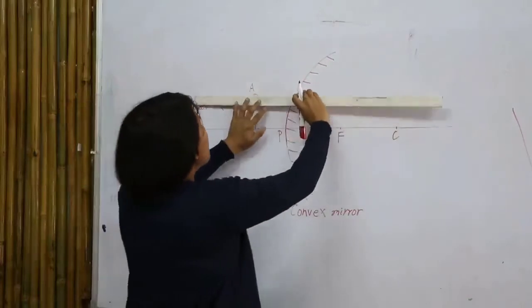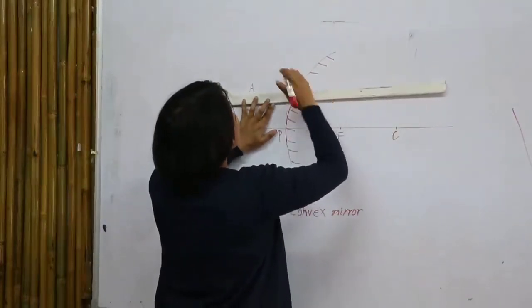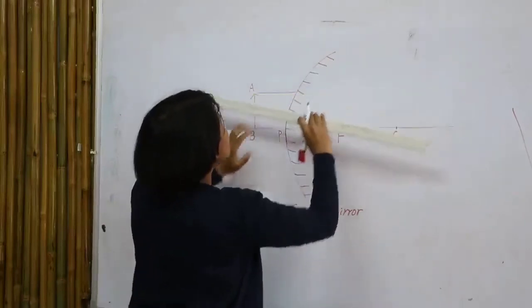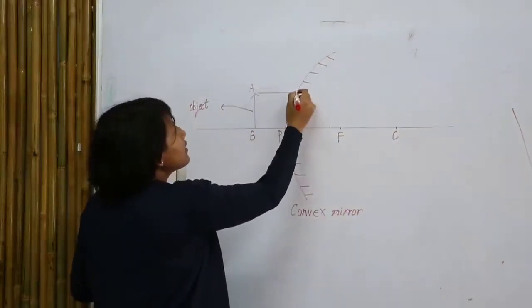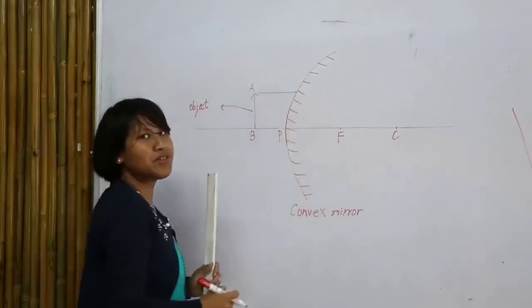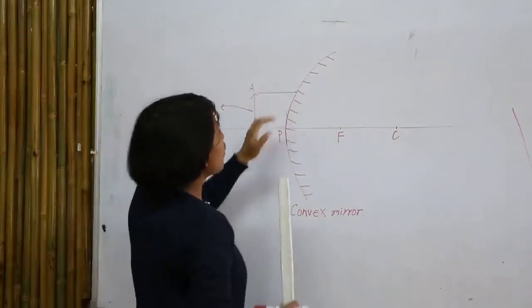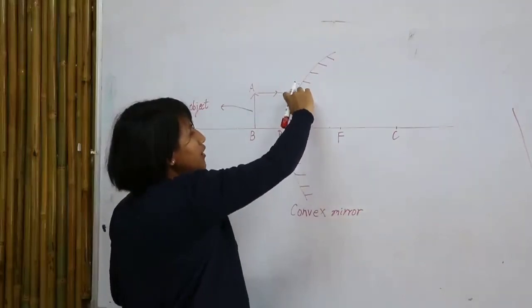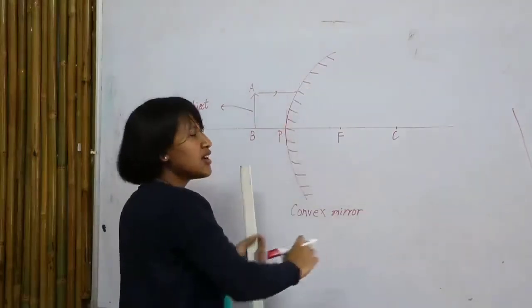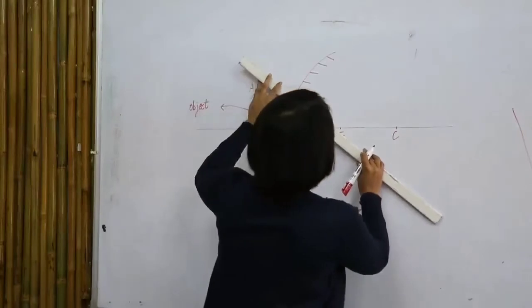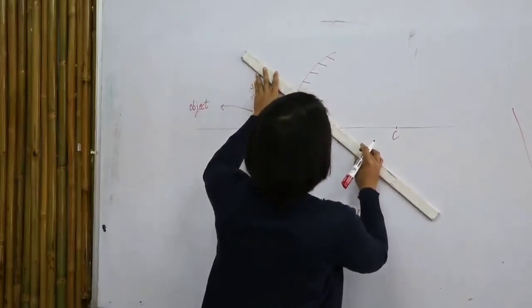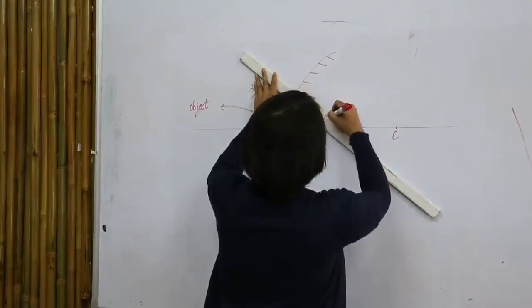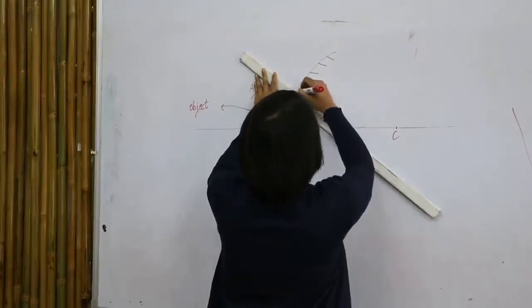You draw a line which is parallel to the principal axis till it strikes the mirror. Okay, then according to the rule, it says what? That a parallel ray of light will always pass through the focus, but in the case of convex mirror, it will appear to diverge.